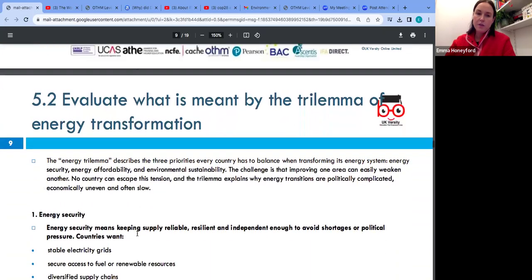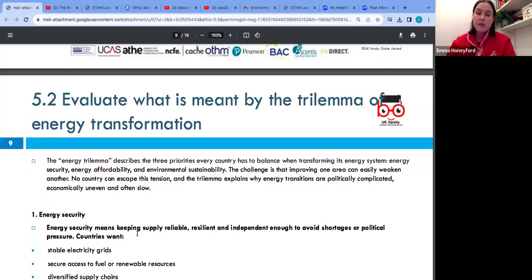Okay, so 5.2, we need to evaluate the trilemma of the energy transformation. The energy trilemma describes the three priorities every country has to balance when transforming its energy system: energy security, energy affordability, and environmental sustainability.